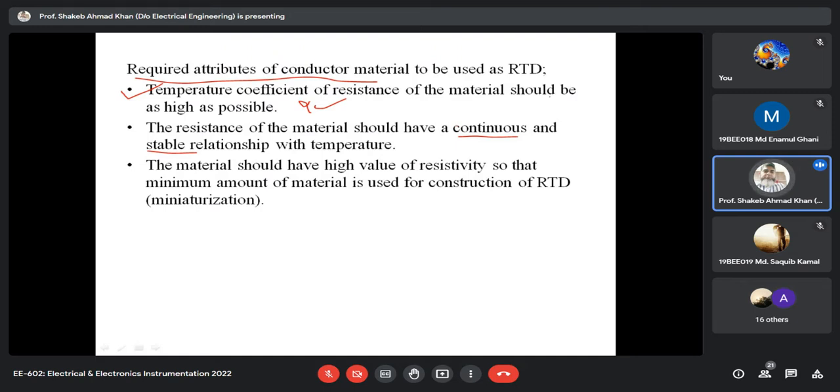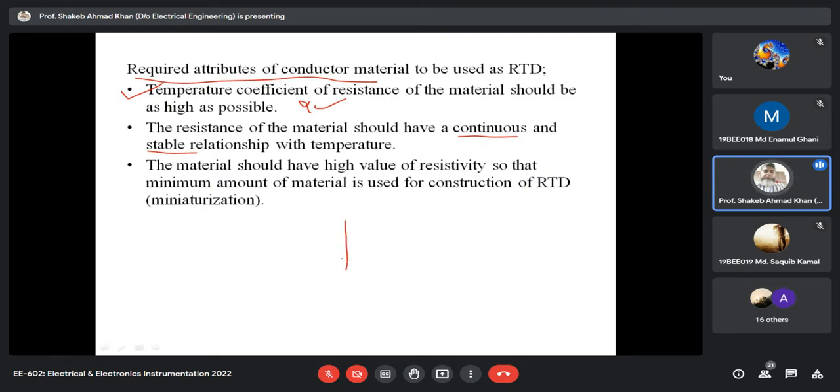So the resistance of the material should have a continuous and stable relationship. So what is the meaning of continuous? These two attributes are true for any sensor. Like in the case of a strain gauge, your strain gauge resistance should also have a continuous and stable relationship with the strain.